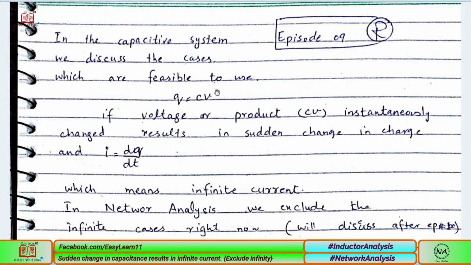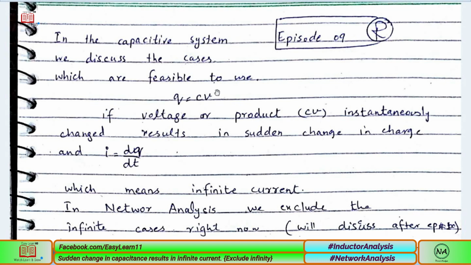Okay, so as you know, in the case of the capacitive system, we discussed the conditions that are feasible for our system. We exclude all the possible cases that are not suited to our case, and which make our system blast, become not accessible, or you can simply say infinite.